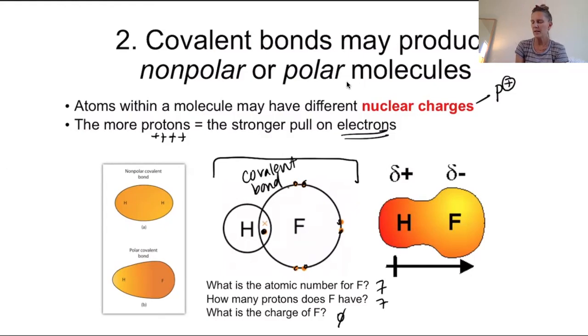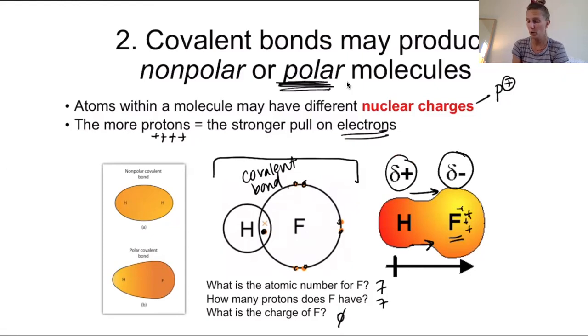All right, so what we can see is when we have this covalent bond between hydrogen and fluorine, that the fluorine here is going to have so many positive charges in its nucleus that it's going to pull the electrons towards it from the hydrogen, giving it a partial negative charge and the hydrogen a partial positive charge, right? That is polar. When you're polar, you get partial positive and partial negative charges.